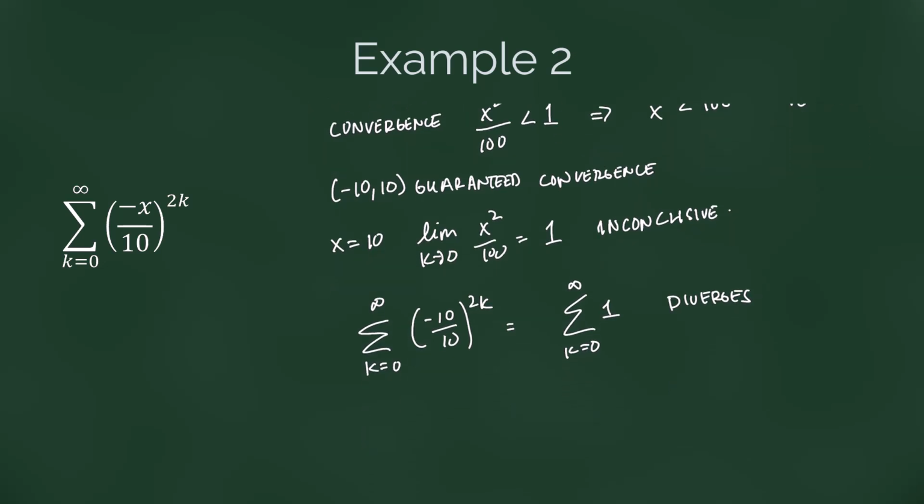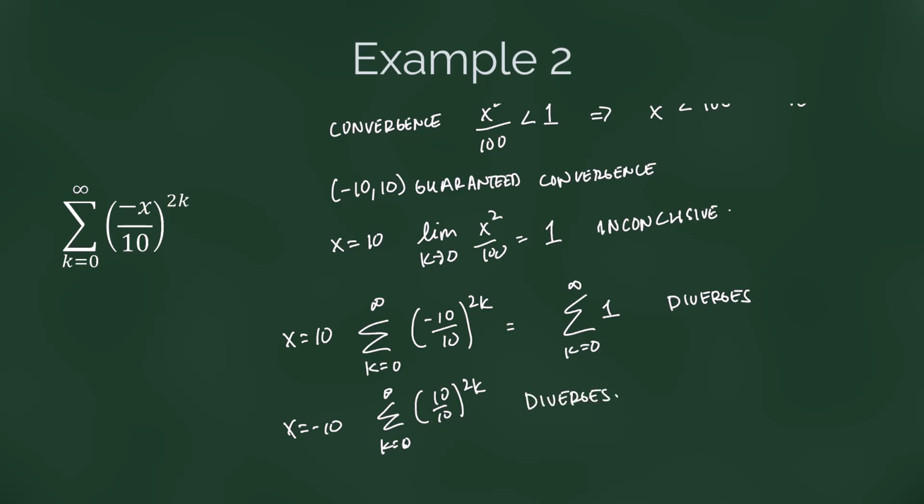So this was the case when x equals positive 10. If we do the same thing for x equals negative 10, we get the sum from k equals 0 to infinity of 10 over 10 to the 2k, which also diverges.